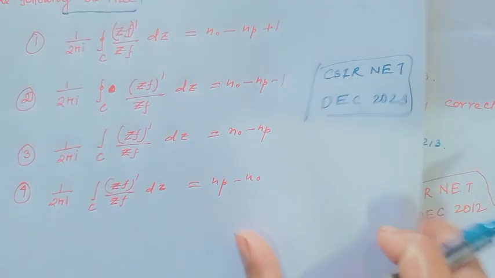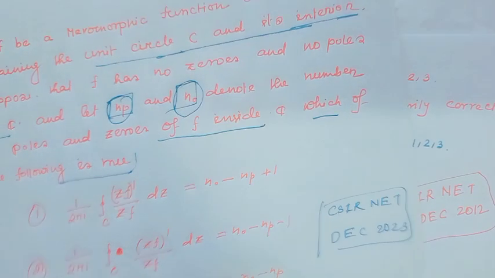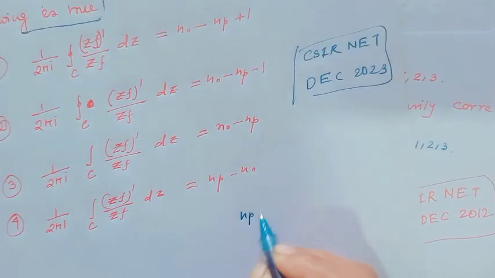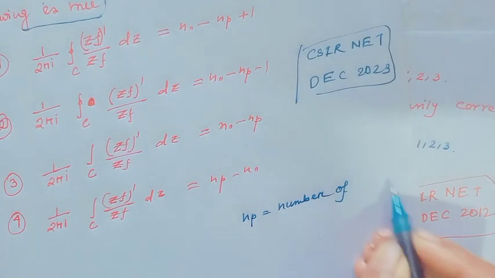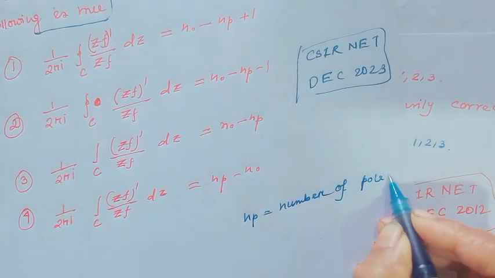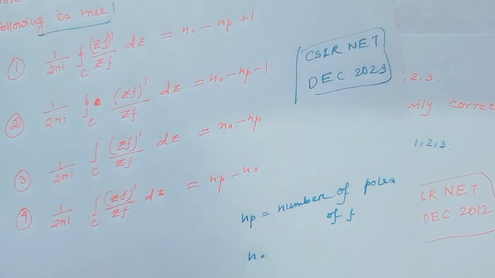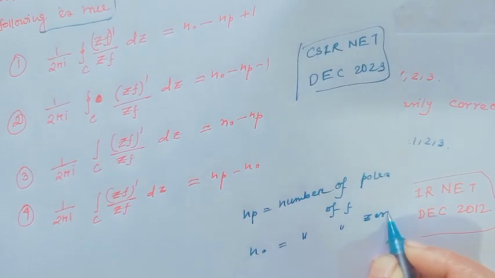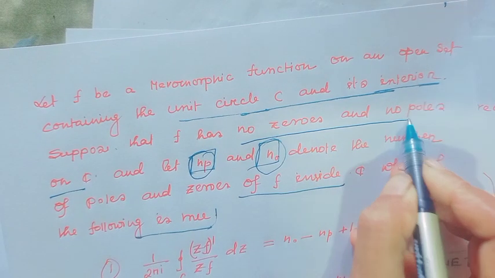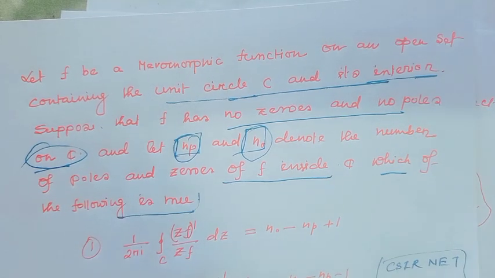Here Np denotes the number of poles of the function f and N naught denotes the number of zeros of the function f. And f has no zeros and no poles on the boundary C. It has no zeros and no poles.